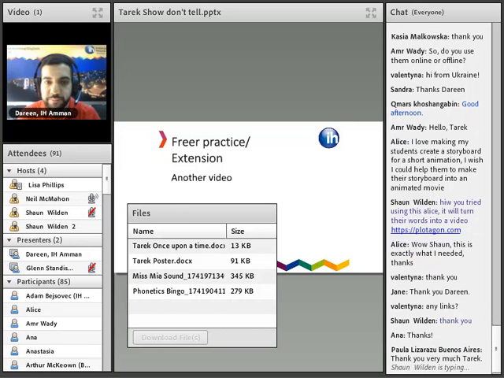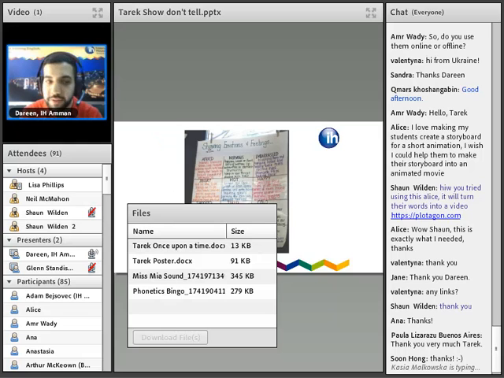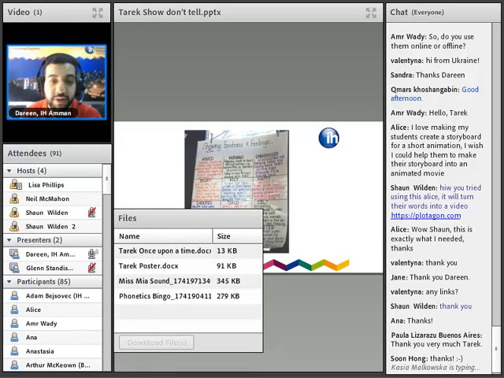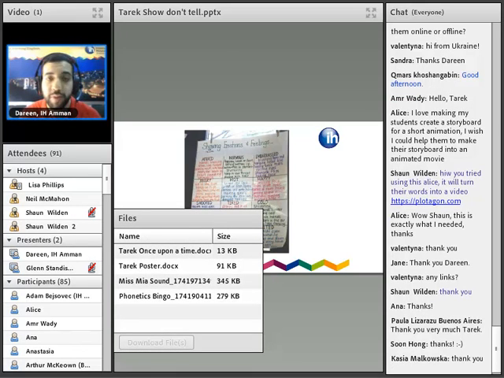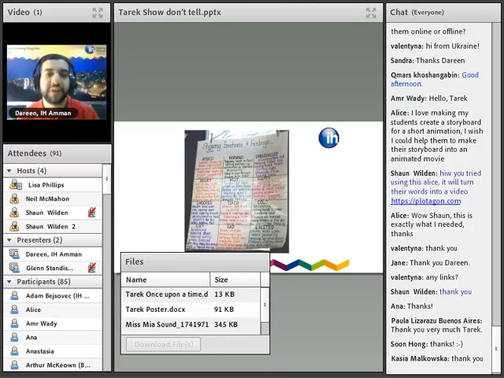I'd like to explain the two documents that you are sharing. If people want to share, there's a Once Upon a Time handout. If you just click on it and then click on download file, it will come down. Now I have shared 2 documents with you. The first one was the story. I wrote a short story that would describe what I mean, and I put some of the emotions and the adjectives in it that you can find. You let your student find them out, and they replace them with the descriptive language.